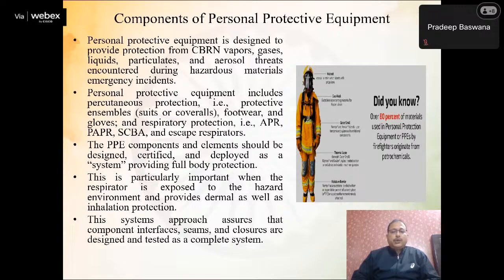The system approach assures that component interfaces, seams, and closures are designed and tested as a complete system, so that if your helmet is not correct or your gloves are not correct, it should be considered a system. Just like we go for the process safety part, this is the same thing. And just a quotation: over 80% of materials used in PPE by firefighters originate from petrochemicals.